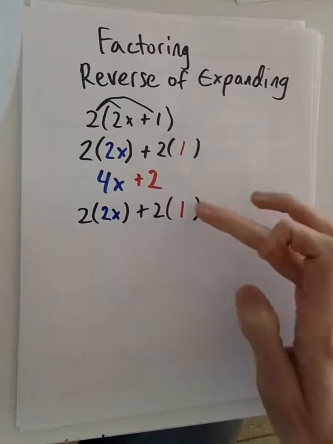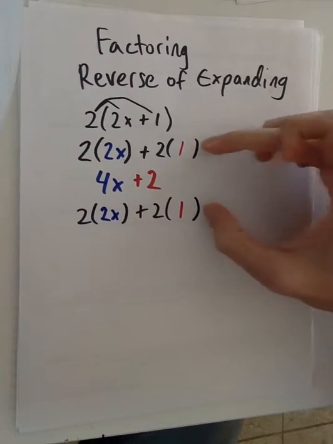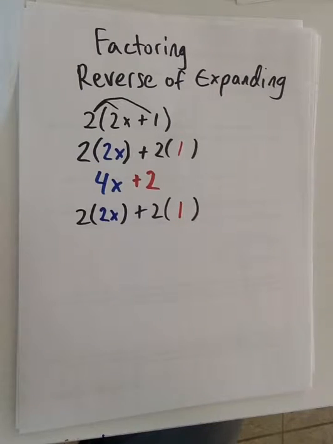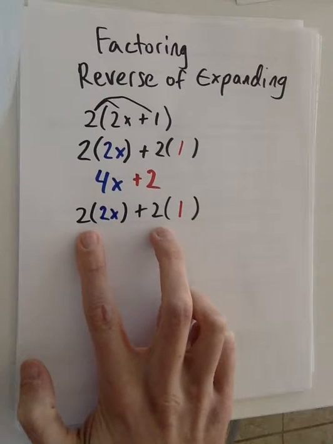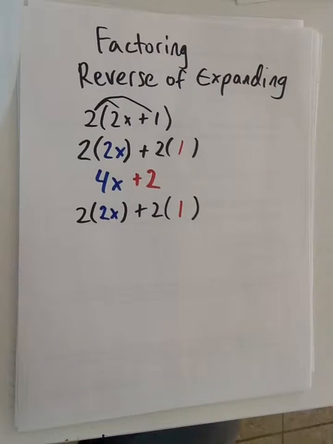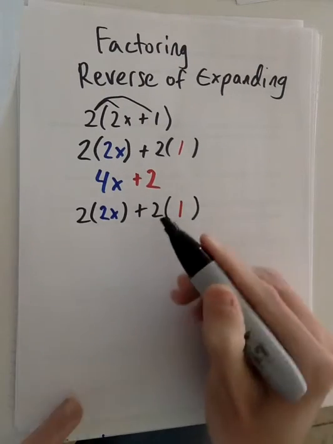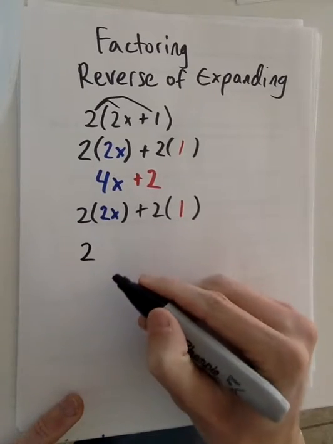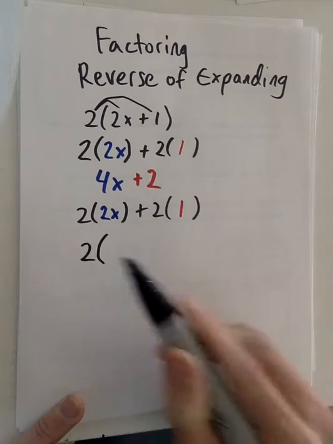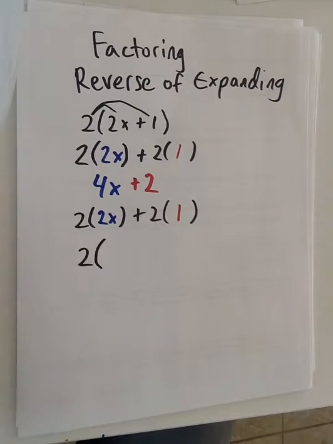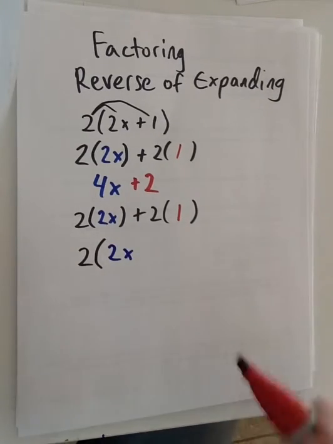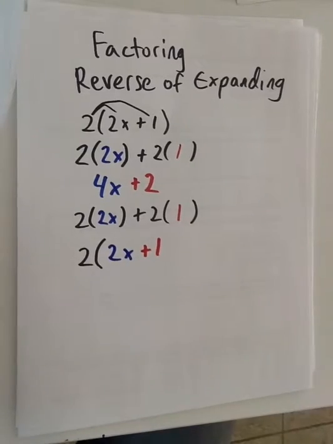So now we're one step away. Notice the reverse process here. As you can maybe predict, our last step is going to be having these two 2's, because they are both being multiplied by these terms. We're going to consolidate here, which means these 2's can be written out here as 1, and instead of 2 multiplied by each element separately, we're going to do 2 multiplied by both elements together, 2x and positive 1 here.